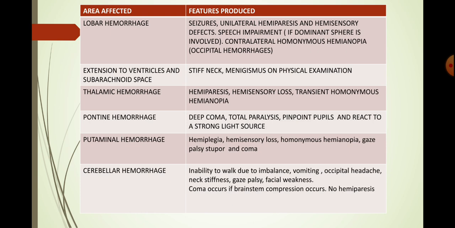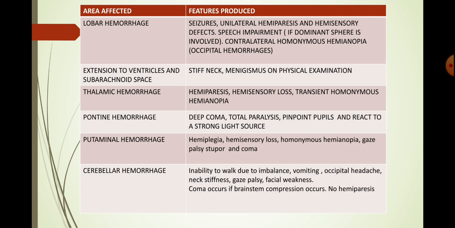Hemisensory loss means there is loss of sensation on one half of body. Contralateral homonymous hemianopia. Homonymous hemianopia means there is loss of vision on the same side of both the eyes, and contralateral means opposite to that of the lesion produced.